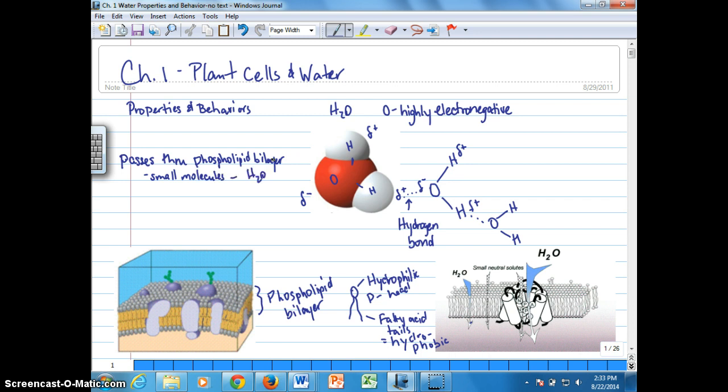Water is a small molecule, and you see that demonstrated over here. It can actually pass through the phospholipid bilayer, but not at a metabolically important rate. The other kinds of molecules that can pass through are non-polar molecules.